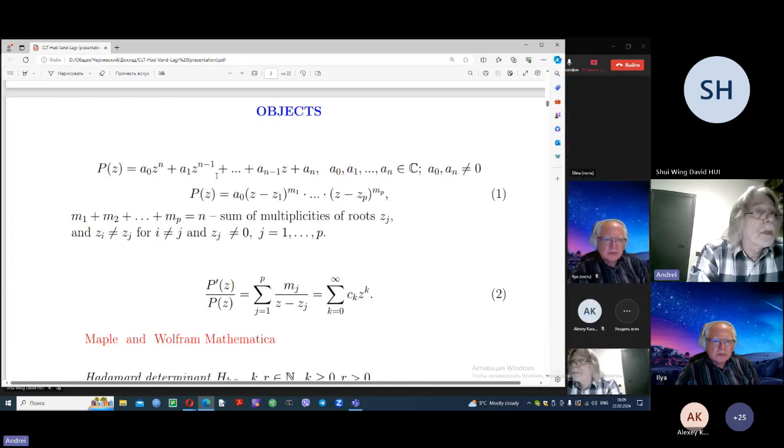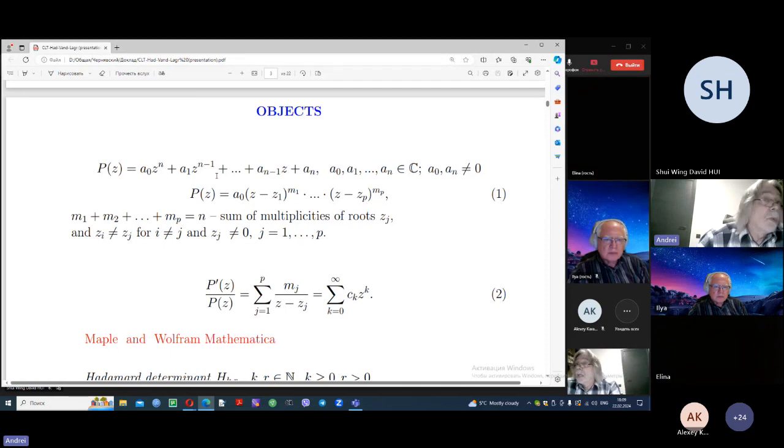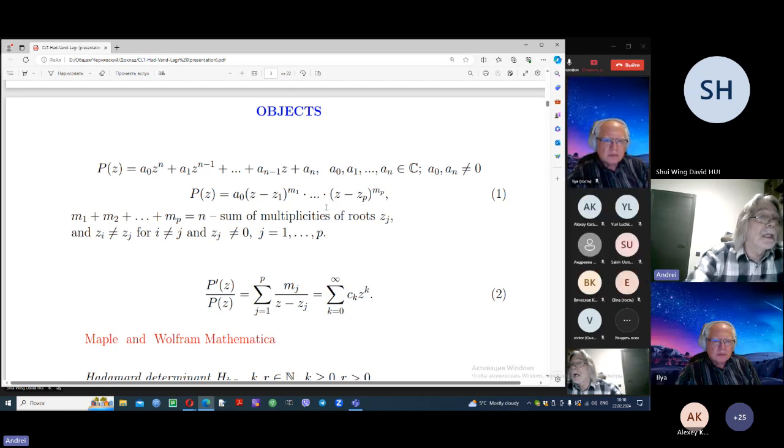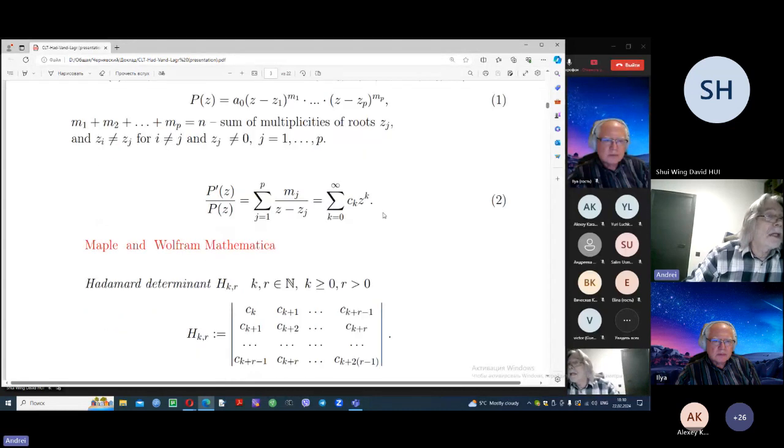Now, the objects. So we consider an arbitrary polynomial. Let Z1, ..., Zp be its roots with multiplicities m1, ..., mp, respectively. And let us consider the Taylor series for this fraction P prime divided by P. This is the Taylor series at the origin.